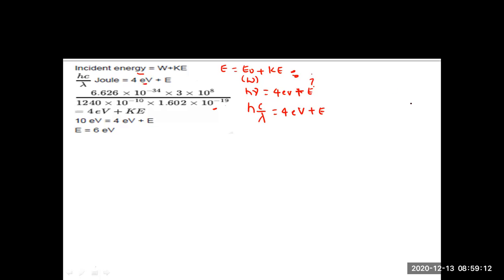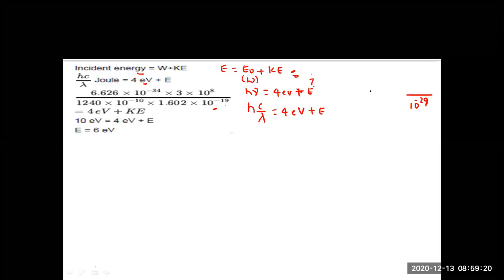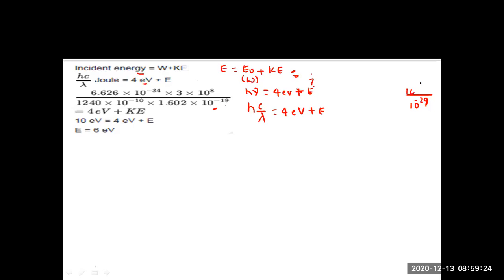Denominator 10 raised to minus 29. Numerator: minus 34 and 10 raised to 8, so it becomes 10 raised to minus 26. Into 10 raised to plus 29, how much is that remaining? 10 raised to 3 in the numerator.